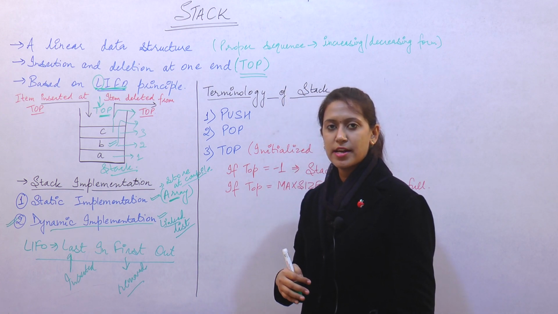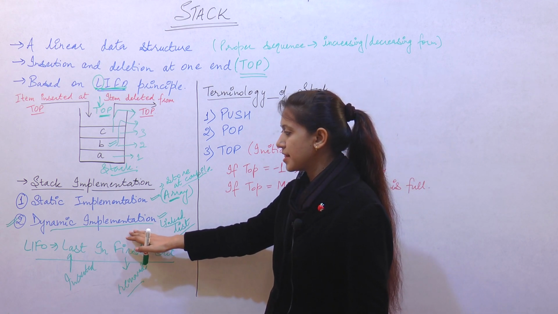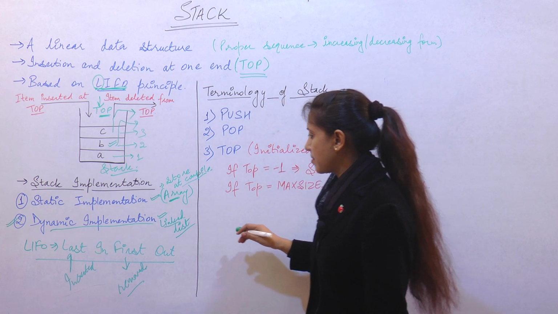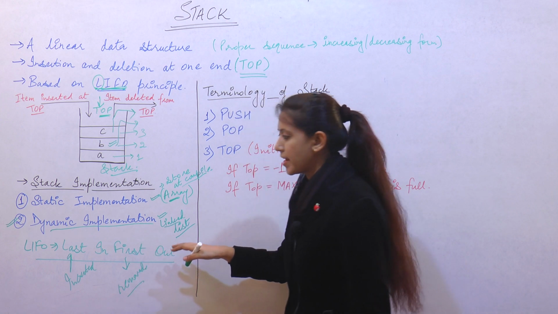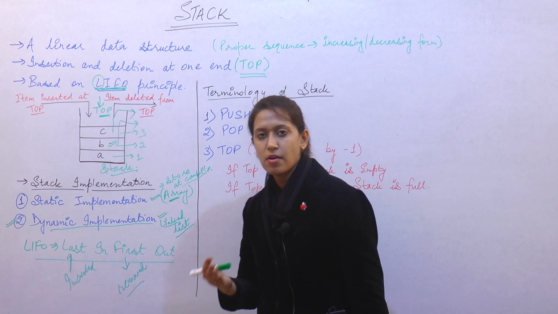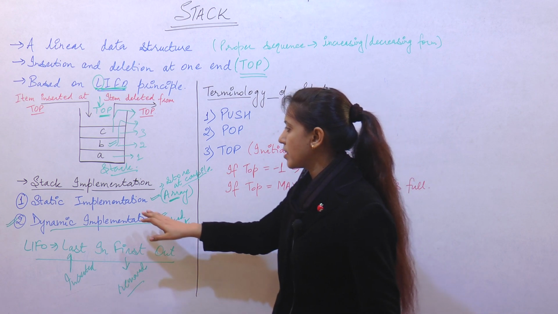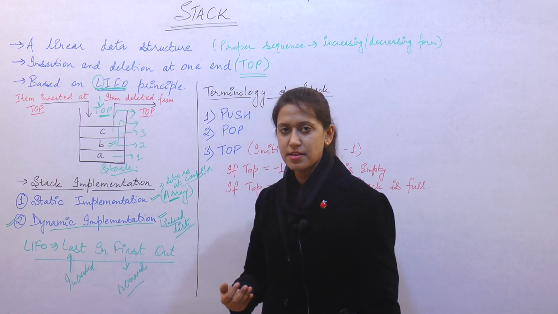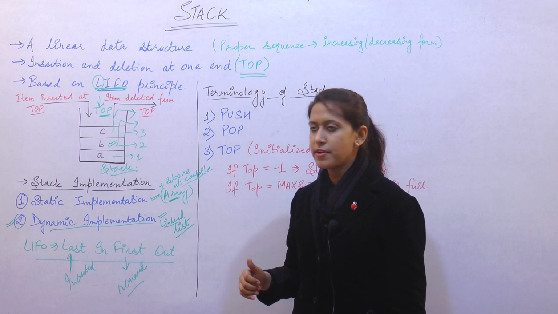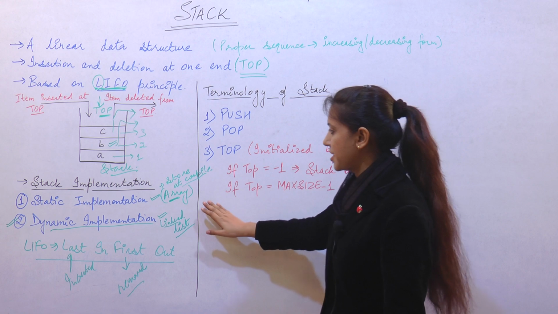It can be smaller, it can be greater; it will totally depend on our conditions. So our memory will not be wasted, it will be saved, and when memory is not wasted, it also saves program execution time. That's why we use dynamic implementation. In both ways, static and dynamic, we can implement our stack, but dynamic implementation is the best way of implementing a stack in memory.